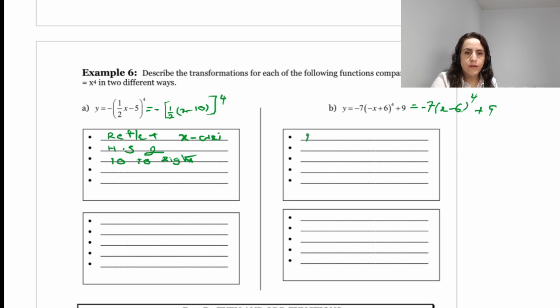Here, reflect again to the x-axis. Then vertically stretch by factor of 7.